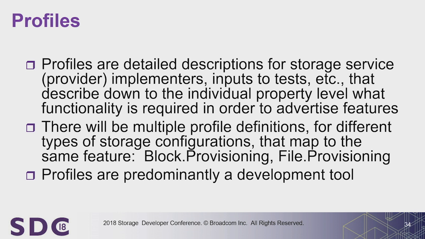If I'm going to advertise that I support performance metrics, I need to support the IO statistics module, every property on volume, on storage pool, on these objects. I have to support not just this object, but every single property in it. And so that's the level of specificity that goes into a profile.